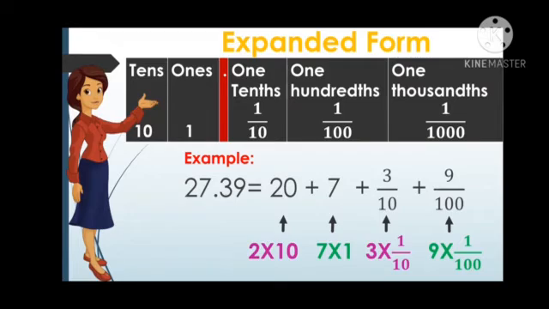So 3 multiplied by 1/10 is 3/10. 9 is in 100th place. So 9 multiplied by 1/100th is 9/100th. So these products we will write along with plus sign, that is 20 plus 7 plus 3/10th plus 9/100th.